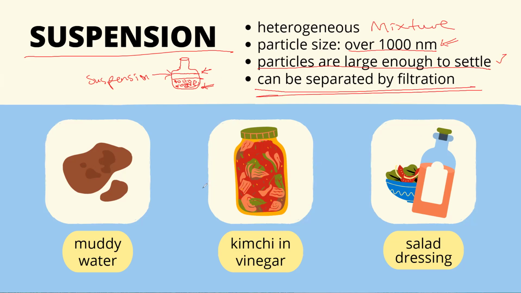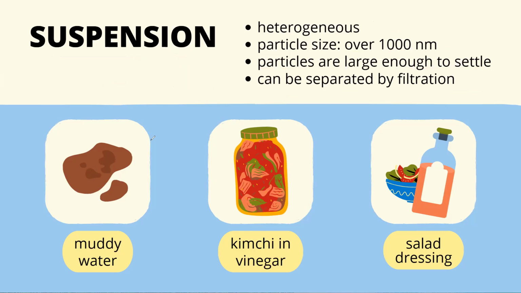Can you see the examples on the screen? Yes, sir. Beautiful. Example number one is what? Muddy water. Beautiful. Example number two. Kimchi in vinegar. Beautiful. Do you know what kimchi is? No, sir. Okay, kimchi in vinegar is a mixture that is used in the kitchen by women who cook.